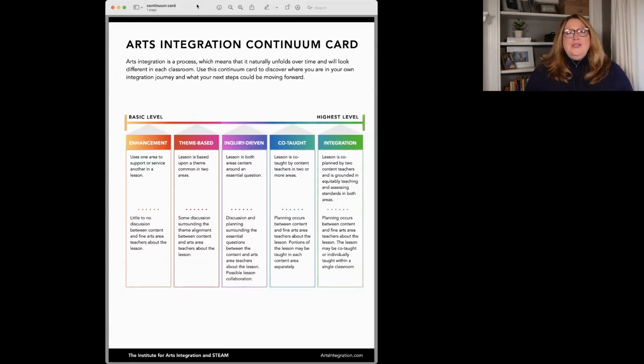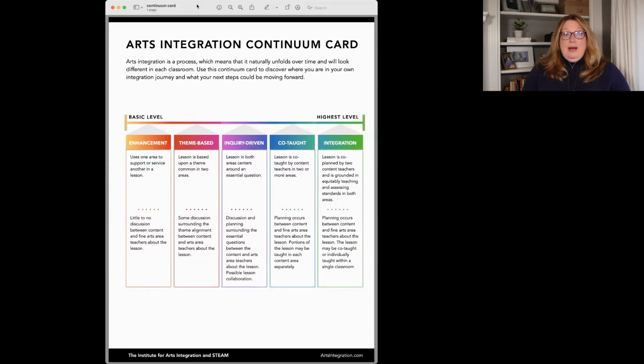Or maybe you just want to explore the questions around it and deepen their thinking and critical thought about the question that you're asking and having them solve for a problem. In that case, we should be doing an inquiry-driven lesson, right? So it's really a matter of what you need your students to do, demonstrate, and understand to decide where you want to be on this continuum. And then that makes it really easy to determine how the lesson unfolds.